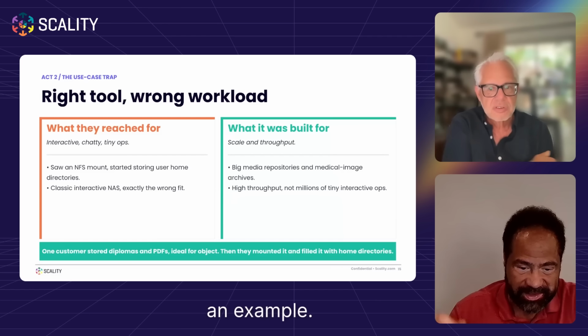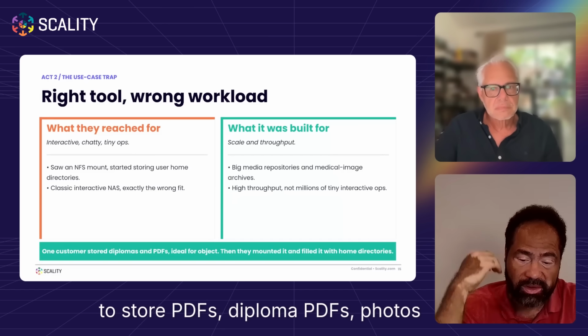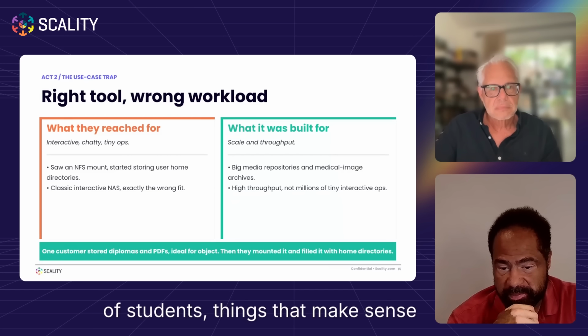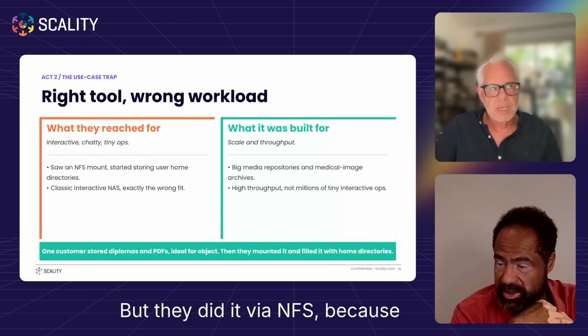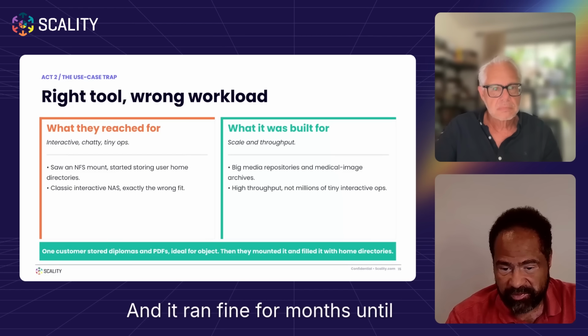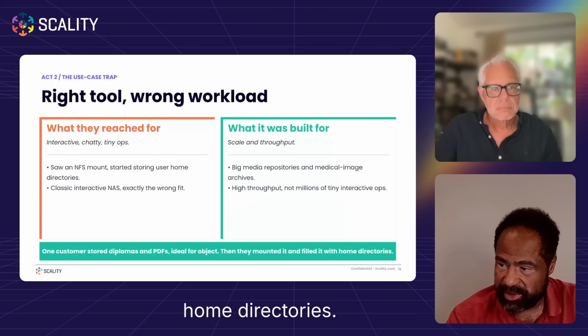Fully, and we have an example. It was a school that used Scality to store PDFs, diploma PDFs, photos of students, things that make sense for an object store. But they did it via NFS, because that's what the application knew. And it ran fine for months until somebody decided to mount it with home directories.